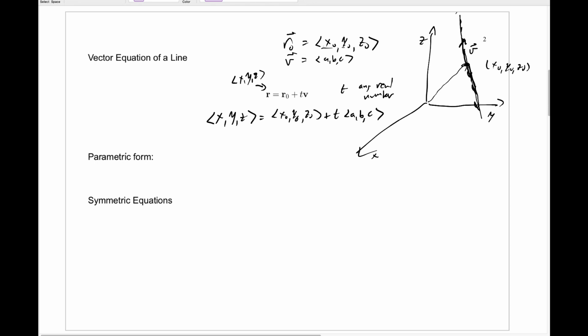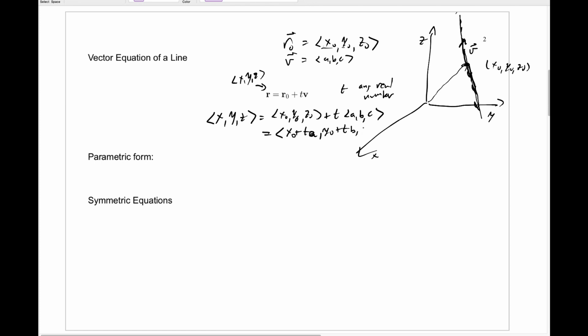Now, to get what we call the parametric form of the line, I'll just combine these two vectors, r naught and t times v, as x naught plus ta. If I look at the first component, here is t times a, and I add that to the first component, x naught. The second component is y naught plus t times b.